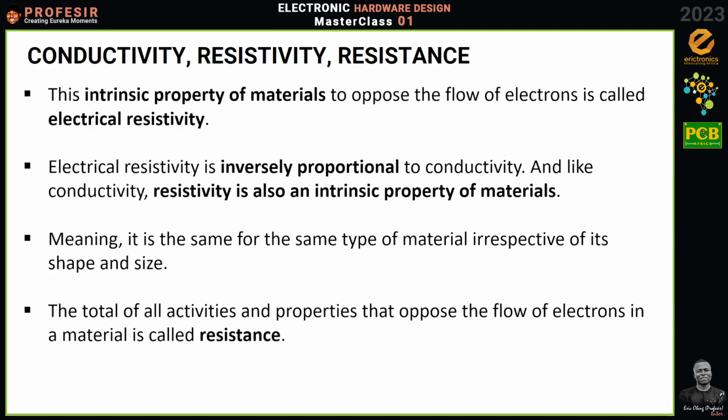If we take up all activities, talk of temperature, talk of impurities, talk of whatever, and internal properties of a material, so far as these things oppose the flow of current or electrons, that thing qualifies as resistance. So when we put all these opposing agents together, we define what we call resistance. We've added another thing, resistivity, now resistance.